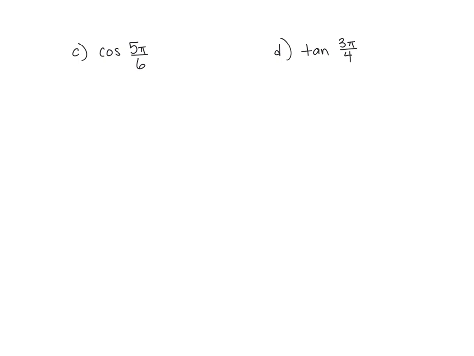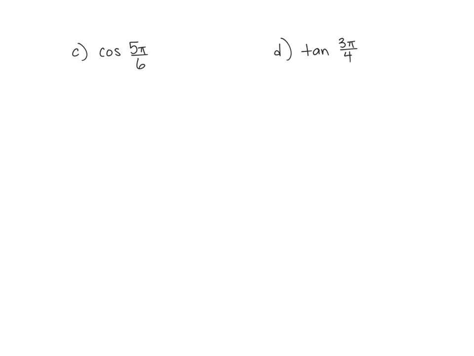So let's start on that positive initial arm, and we're going to rotate up through the first quadrant. Draw your axes with your terminal arm, and then see if you can draw on your special triangle, and then calculate the ratio of that. I'm going to give you a couple of minutes to try that.